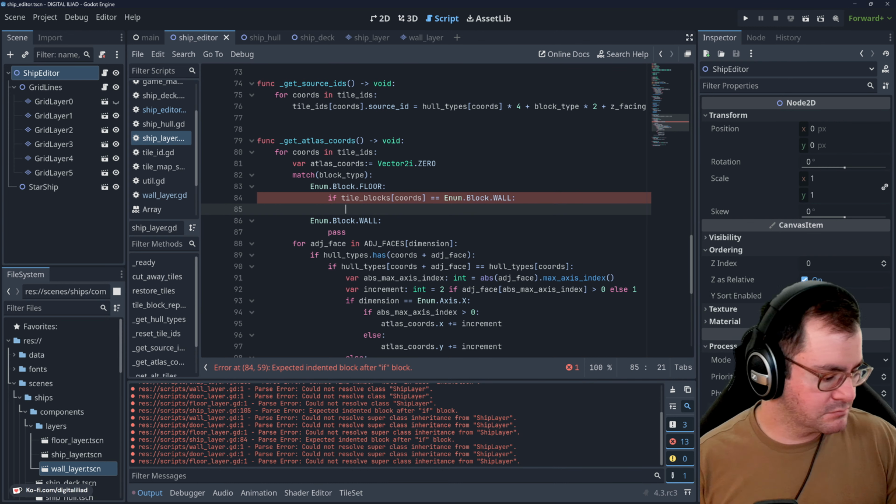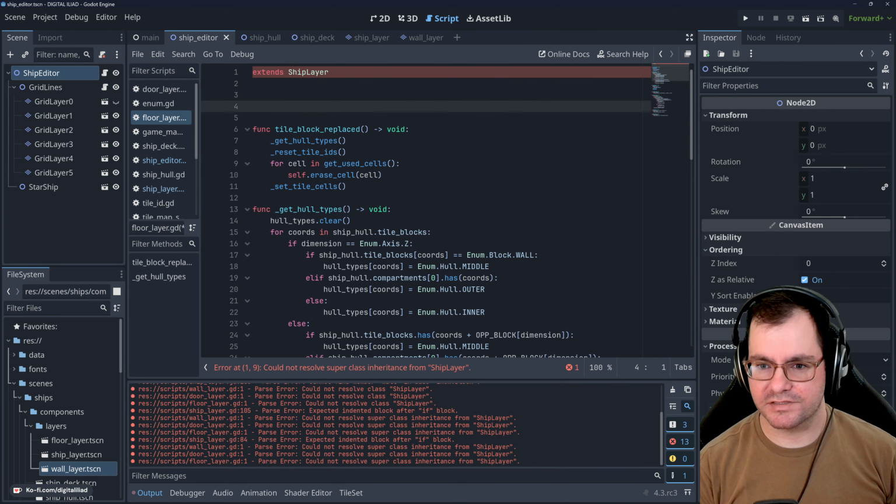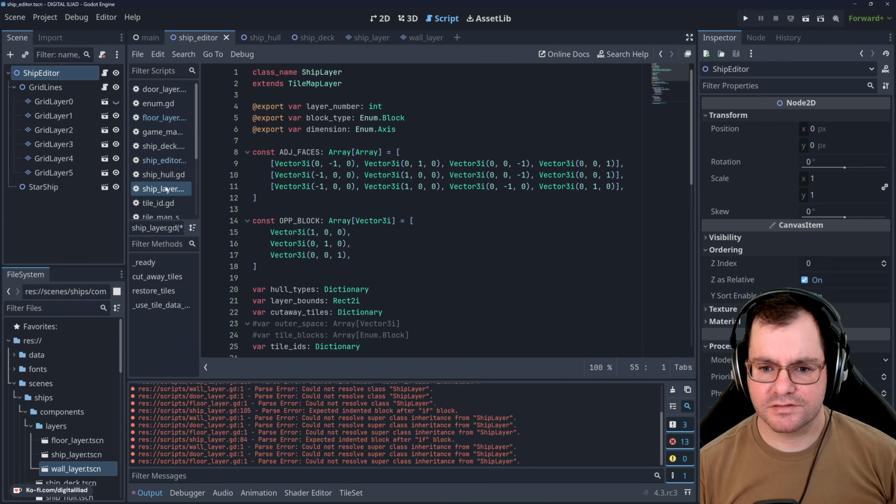So now we don't have to ask whether we're a wall or a floor. We can just know this is for the floor. So we're going to actually have a different adjacent faces function for floors, or not function, like constant. So let's go grab this.